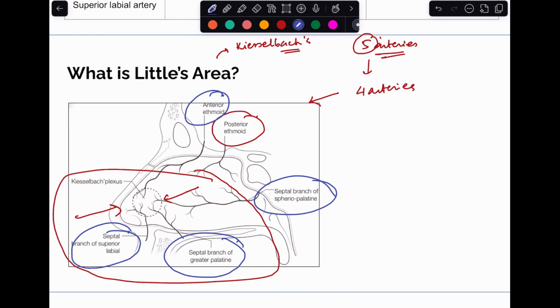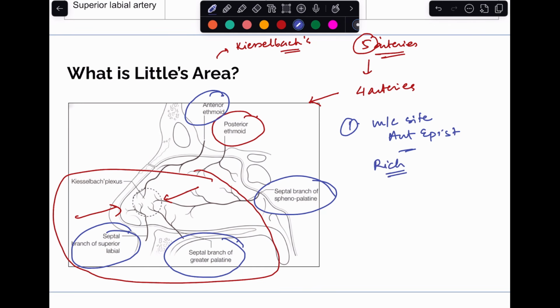Now, what is the clinical importance of knowing Little's area? First of all, this is the most common site for development of anterior epistaxis. Why so? This is because you can see that there are 4 arteries anastomosing over here. So there is a very rich vascular supply over here.